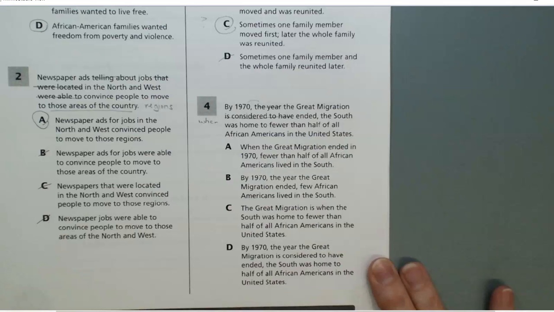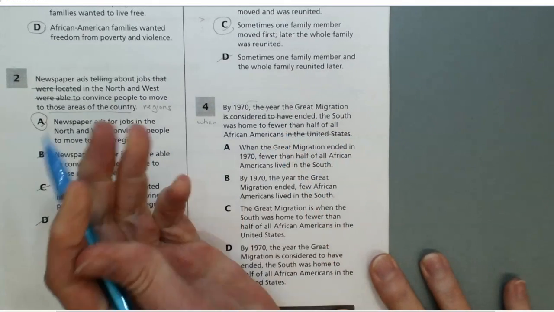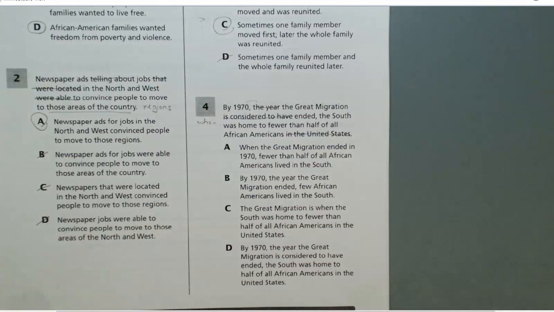You can move things around, but we're looking at what stuff initially in our sentence might be repetition, like the phrase is considered to have, which we can change to when. And then the South is home to fewer than half of all African Americans. In the United States, we don't even need that. That's extra entirely, so we could potentially take that out. So let's look at some answer choices.